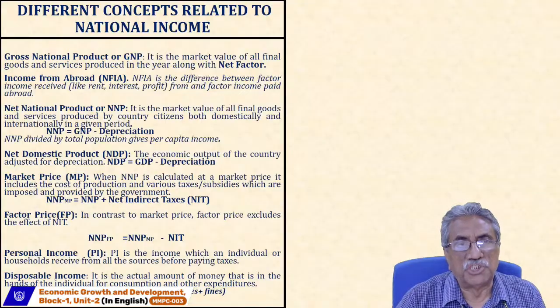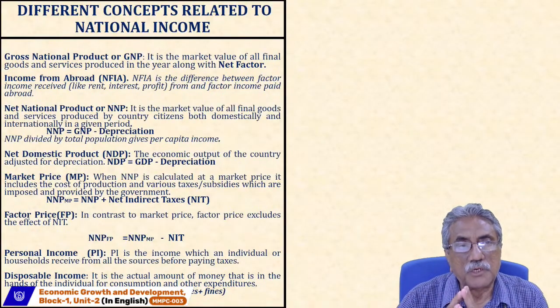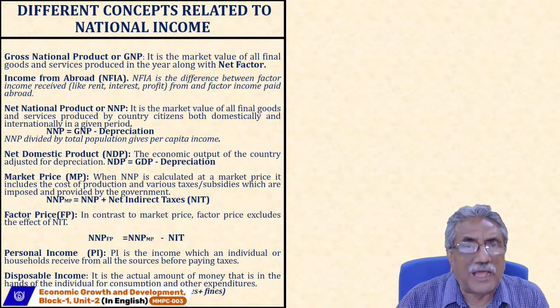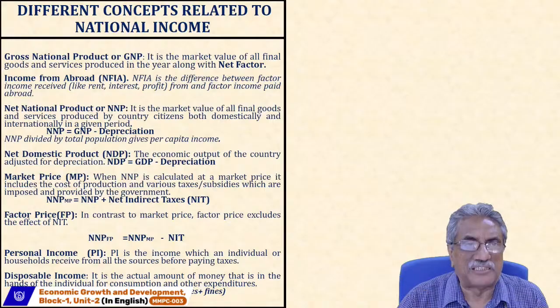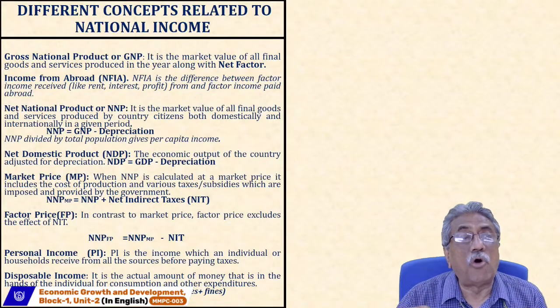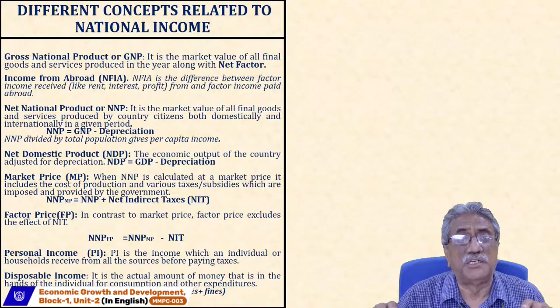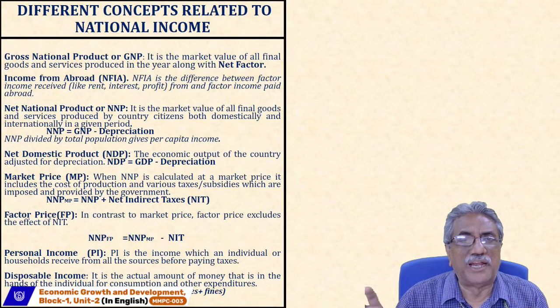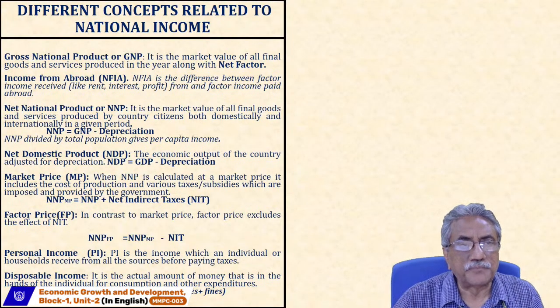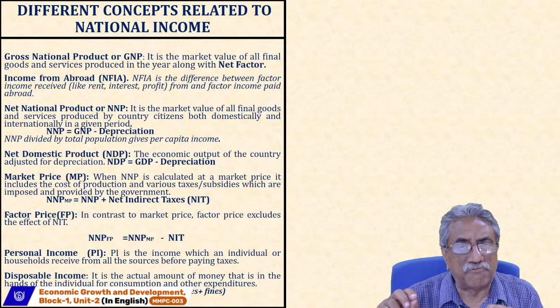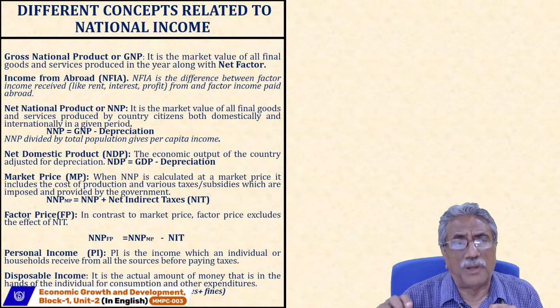Different concepts related to GDP or national income. One is gross national product. It is the market value, remember my emphasis, it is the market value of all final goods and services produced in the year along with the net factor income from abroad, NFIA, that is called. It is the difference between factor income received like rent, interest, profit from abroad and factor income paid abroad.